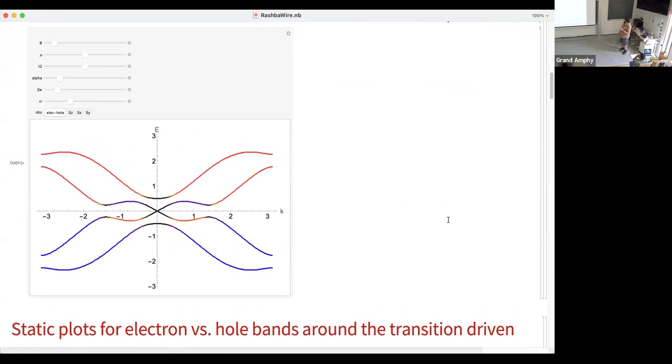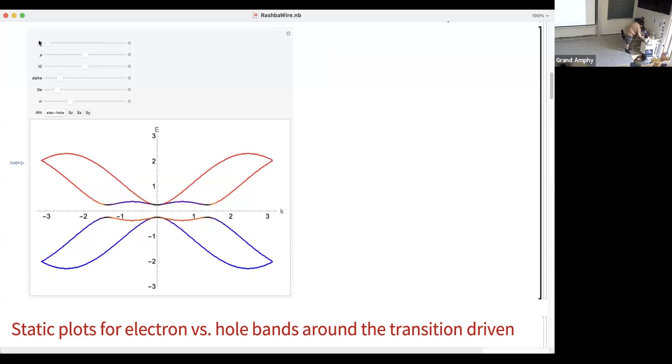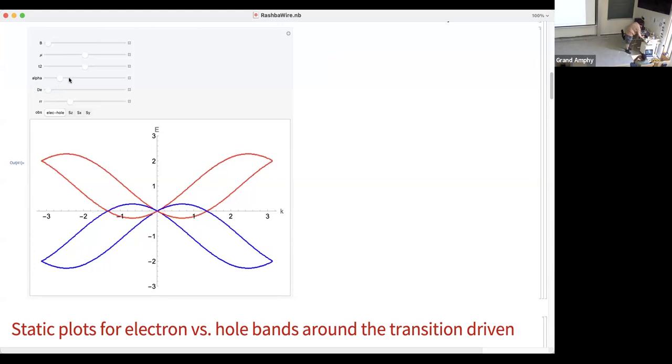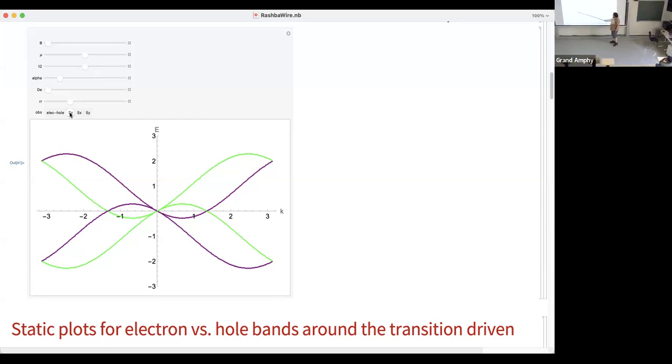So what are we seeing? Let's tune it somewhere. Let's start with magnetic field 0, pairing 0. Okay, so the red bands are the electron bands, and this is the spin-orbit split bands that you know, and the blue are hole bands. And then we can also just click Z and see the Z polarization. So it's only spin orbit. So the spin orbit polarizes this.